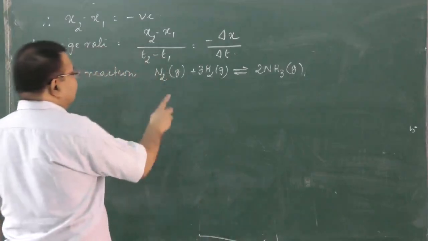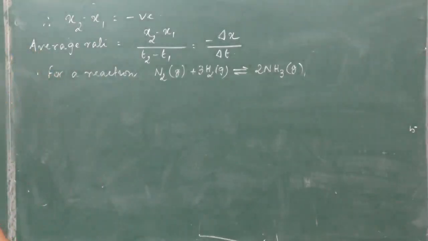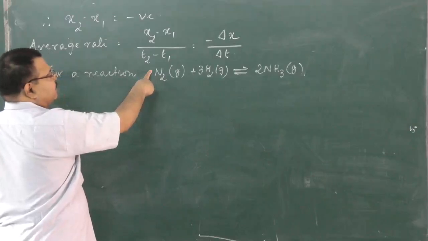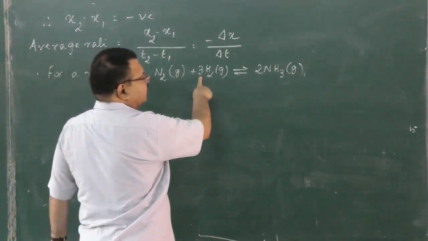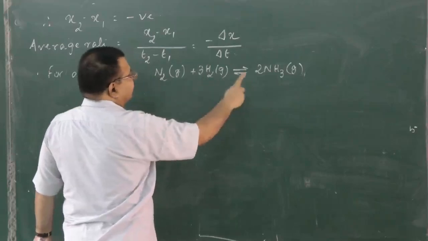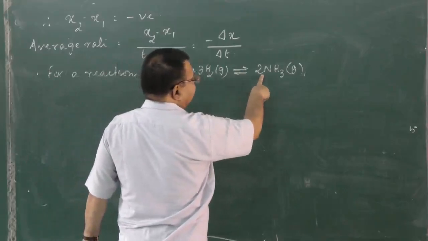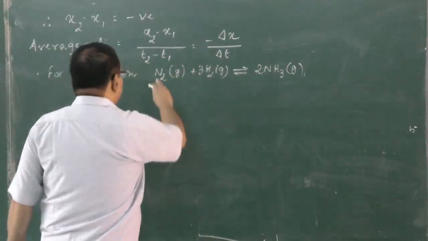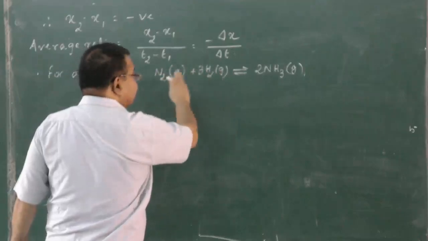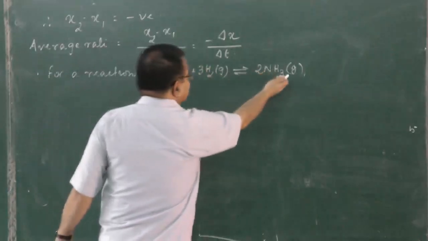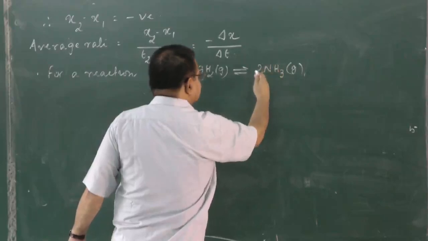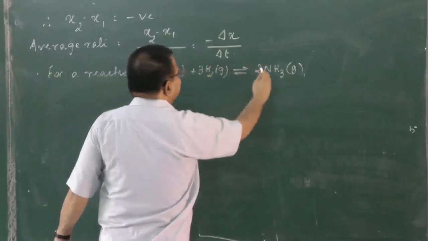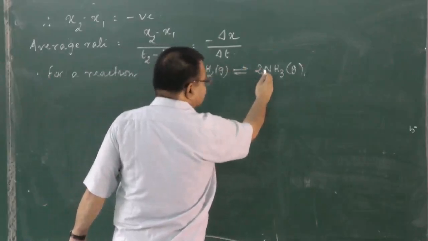What do we mean by this? See that the stoichiometric coefficient of nitrogen is 1, of hydrogen is 3, and of ammonia is 2.